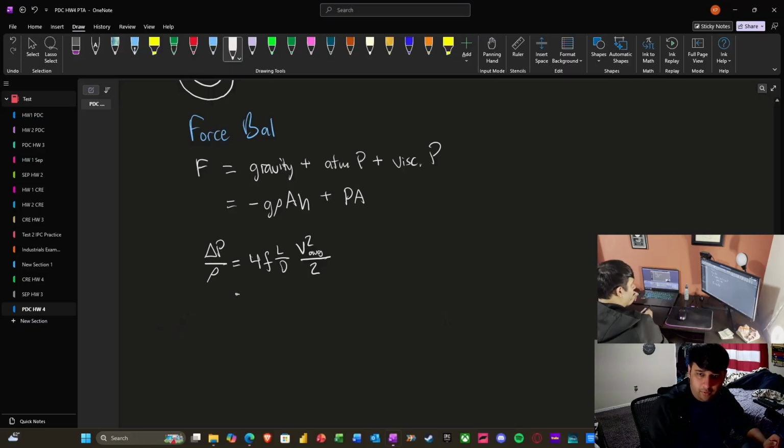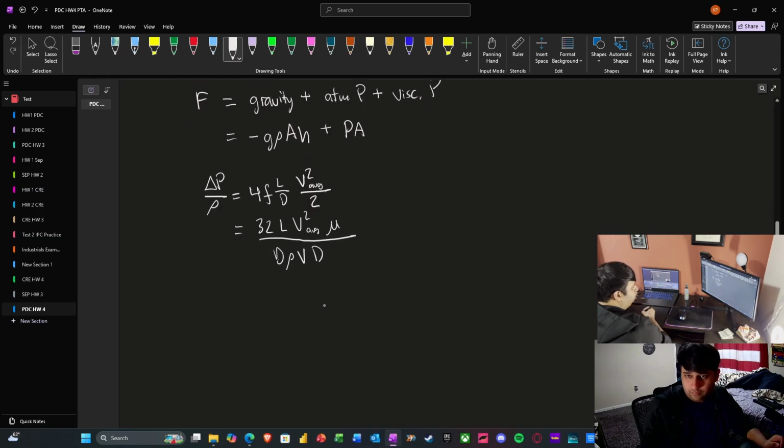So then after expanding this out, what we'll get is 32 times L times our V squared average times mu, which is our viscosity, over D times rho times V times D. And we can see that we have some like terms that we can cross out.